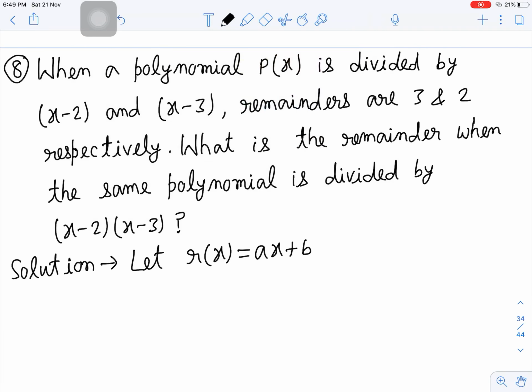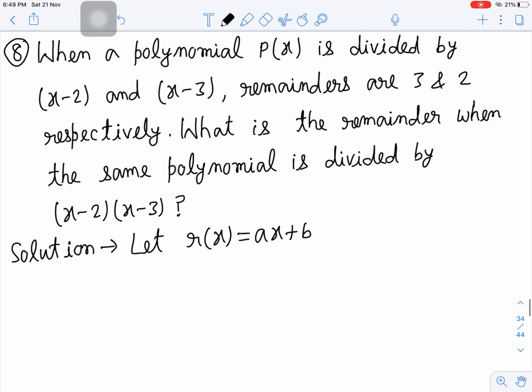So now, first of all you know very well that dividend is equal to divisor into quotient plus remainder.